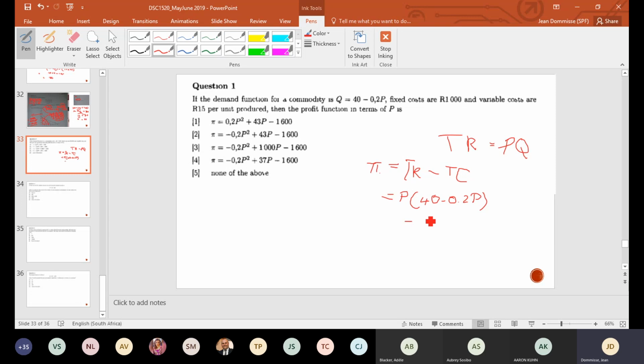And I'm going to write total cost here because total cost is variable cost plus fixed cost.